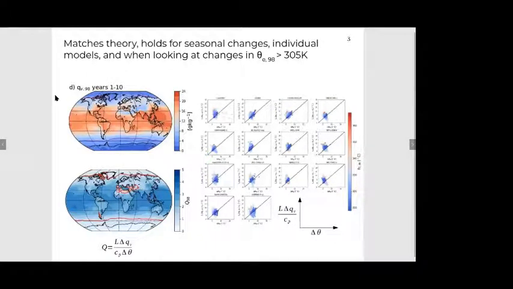As a way of checking how this goes against the theory, which was on the first slide, I'm showing here again this panel D, the baseline conditional specific humidity. On the bottom panel, I'm showing the ratio of the changes in specific humidity divided by the changes in theta E. Sorry, in theta, in potential temperature. These magenta lines in the top panel show the 5.6 grams per kilo contour.